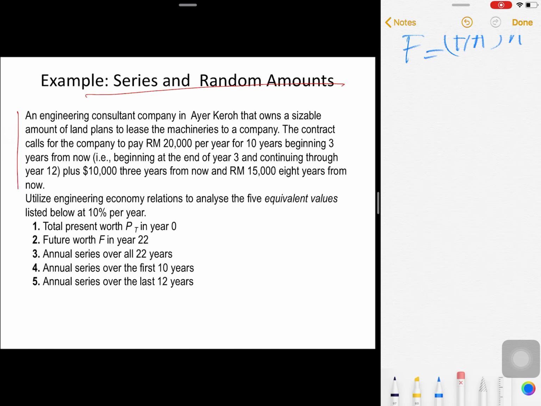Now we have series and random amounts again. Another question. An engineering consultant company in Aikro that owns a sizable amount of land plans to lease the machineries to a company. The contract calls the company to pay 20,000 ringgit per year for 10 years, beginning 3 years from now, for example, beginning of the year 3 and continuing through year 12, plus $10,000 3 years from now, and $15,000 8 years from now.